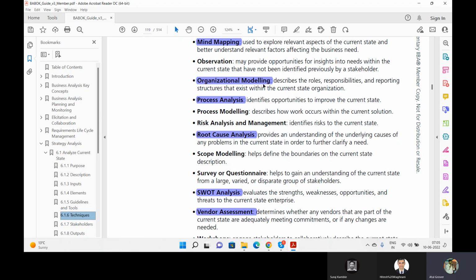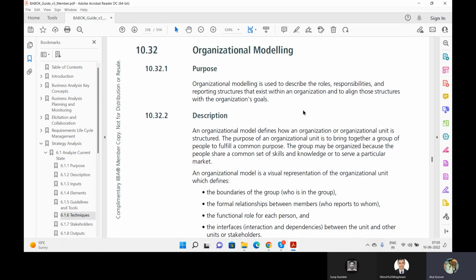So in this particular concept, we are analyzing the organizational modeling कि organization में क्या change हो रहा है। It is a modeling used to describe the role, responsibility and the reporting structure.